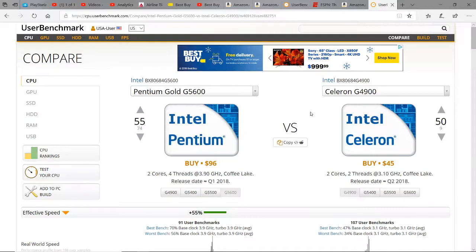So out of the box, all of these have built-in integrated graphics that work with the motherboard. They'll usually suck up about 2 gigs of your RAM. So what you will find though is gaming is not very good, whether it be the Celeron all the way up to the i7, if you do not have an additional video card.